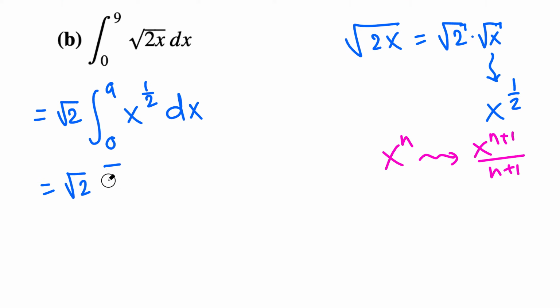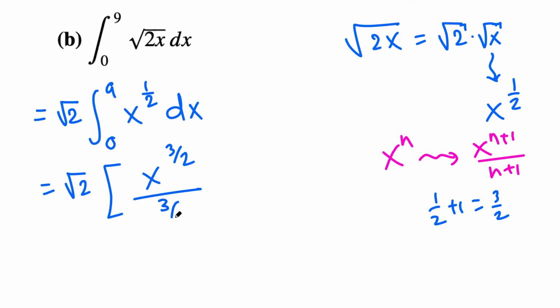Root 2, I'm going to integrate. x raised to 1/2 is x to the 1/2 plus 1 from the power rule. What is that? 1/2 plus 1, that's 3/2, divided by the same thing, 3/2, and we have to go from 0 to 9. That's in fact x equals 0 through x equals 9.